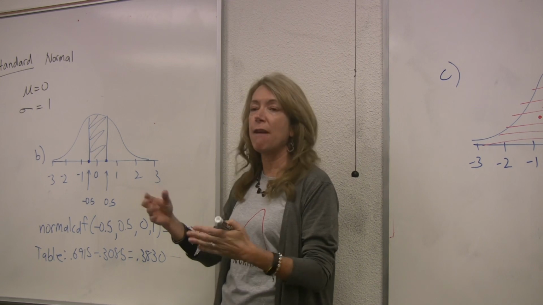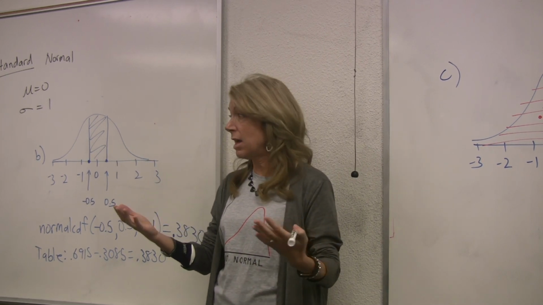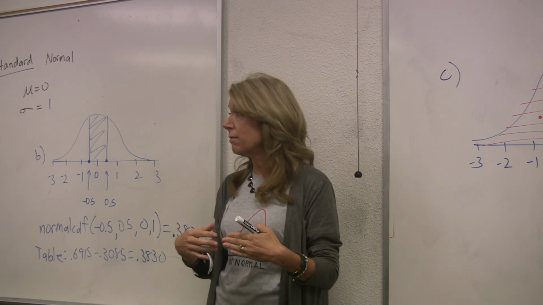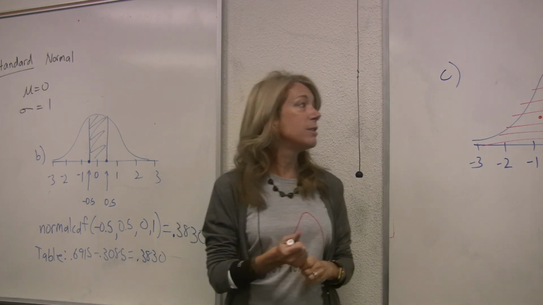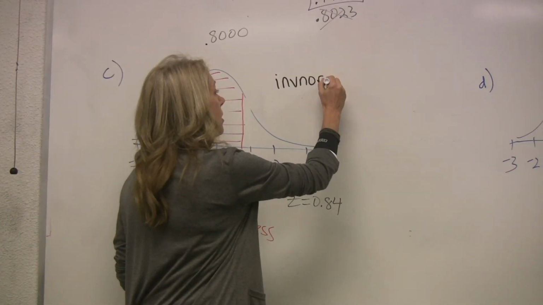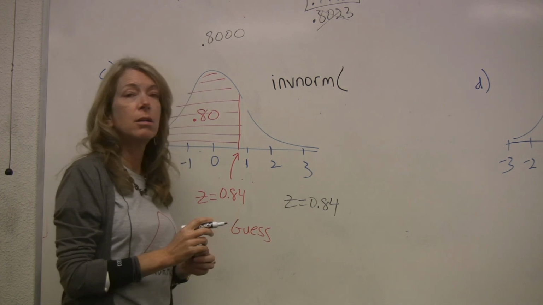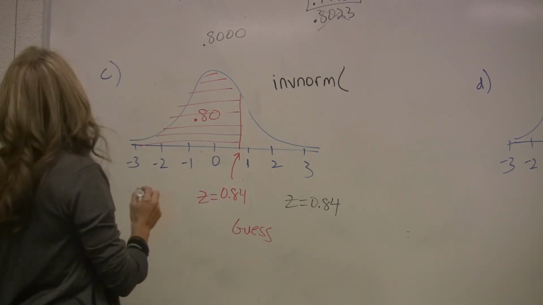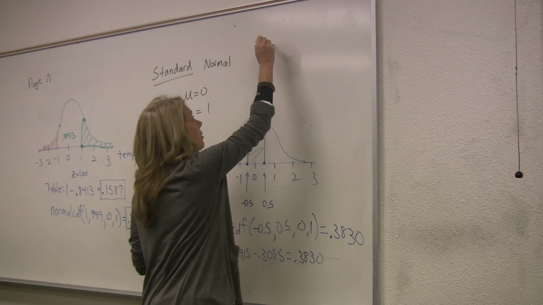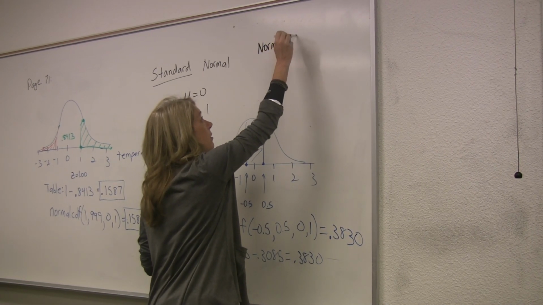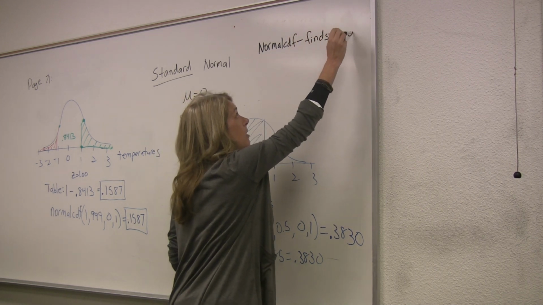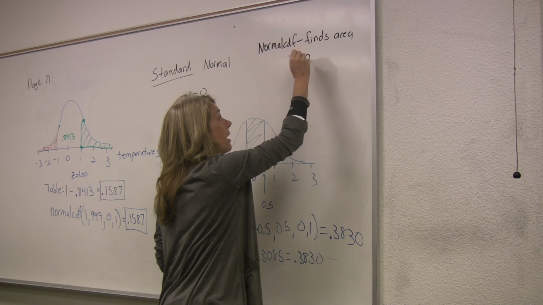So normal CDF finds the probability or finds the area. If you have the area and you want to know the z, you're working backwards. And that's where we do what's called inverse norm. Normal CDF, which we were doing for all the other problems before this, finds the area, which is the same as the probability.